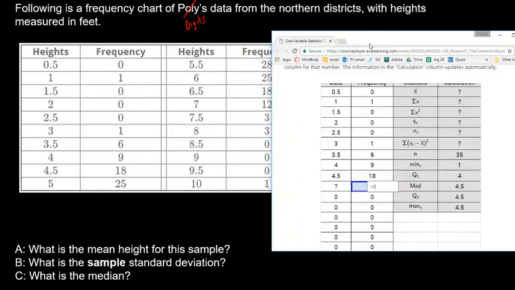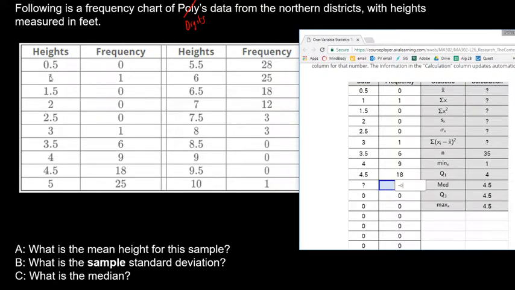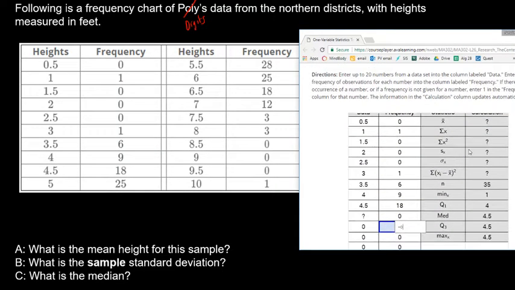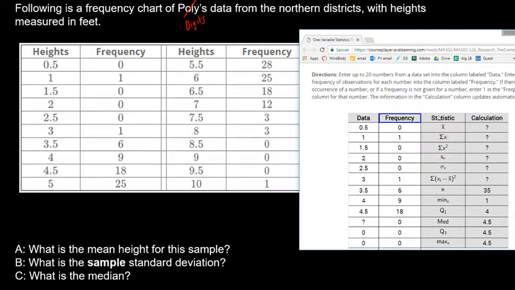So again, just go through the entire table, edit all of your frequencies so that they match this particular table, and then once you have everything populated, you'll be able to, and it's cutting off our column names for some reason. There we go. You'll look under the statistics symbols just like before. The calculations will appear, and you'll be able to just match each piece.